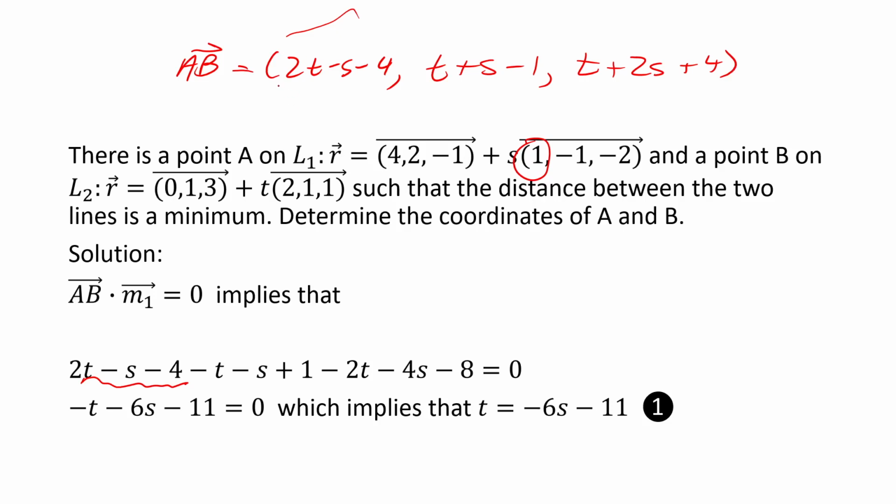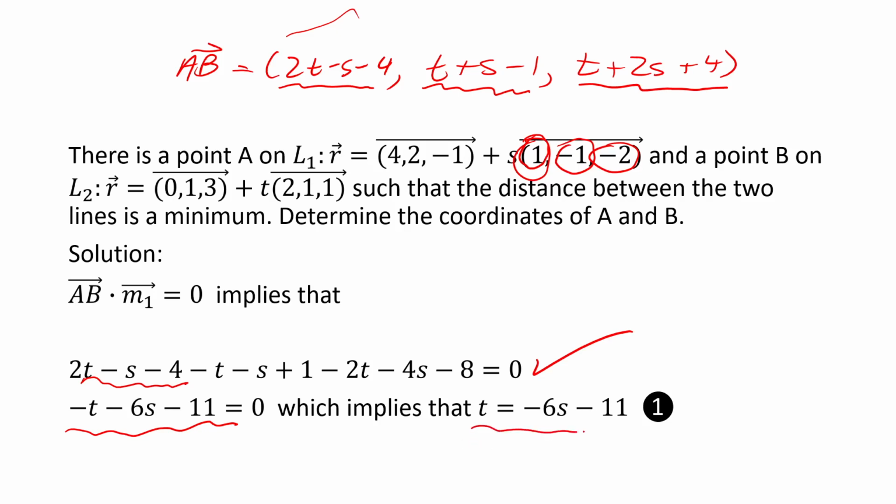When we take this expression and multiply it by 1, and then add that to this expression multiplied by negative 1, and then add that to this expression multiplied by negative 2, we get this equation right here. And with a little bit of simplifying, we get negative t minus 6s minus 11 equals 0. A little bit more simplifying just means t is equal to negative 6s minus 11.